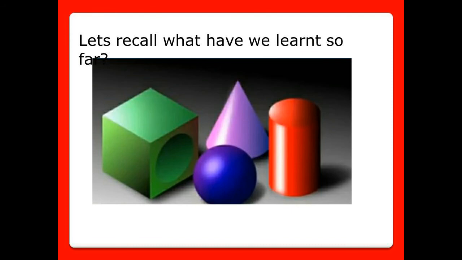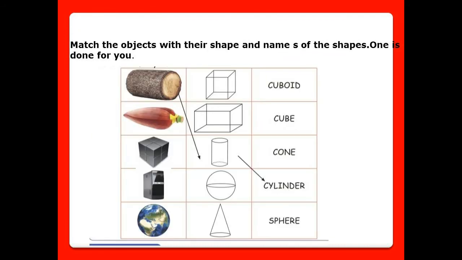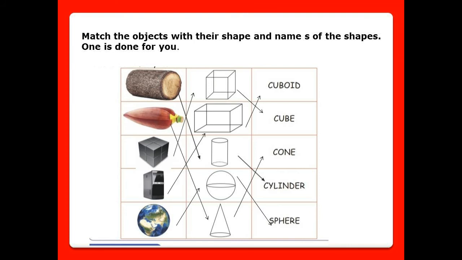Let us recall what we have learned so far. Match the objects with their shape and names of the shape. One is done for you. Now, observe the picture and match with the shape and also with the shape name.